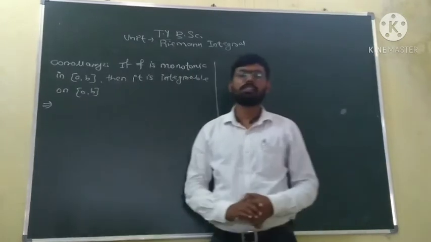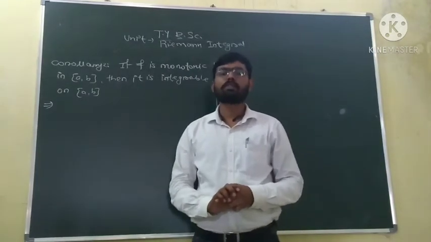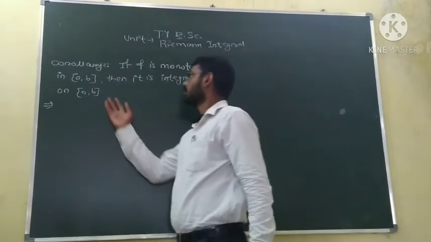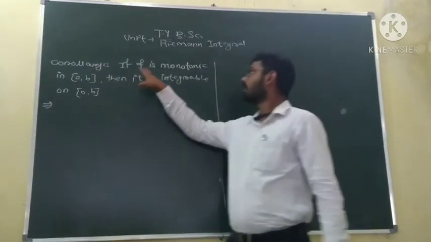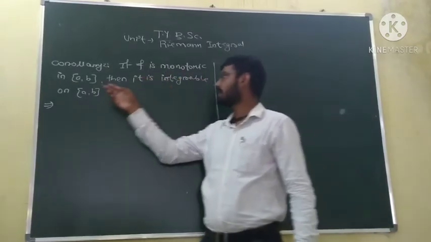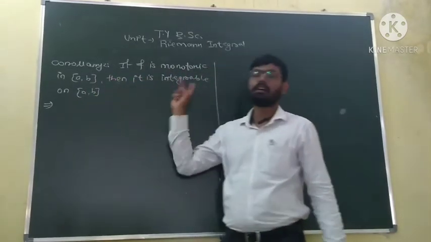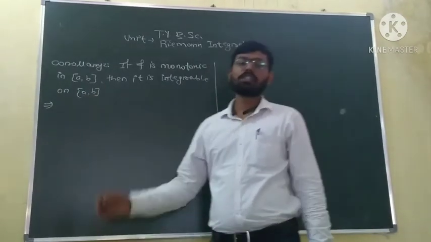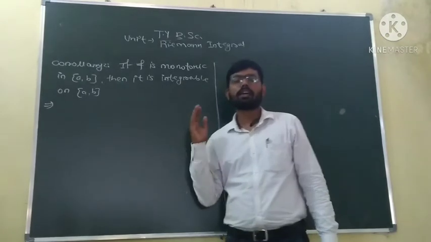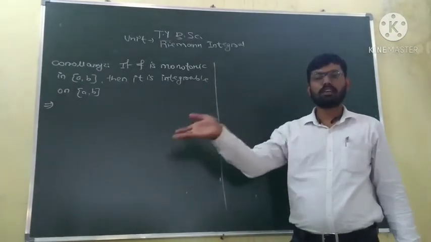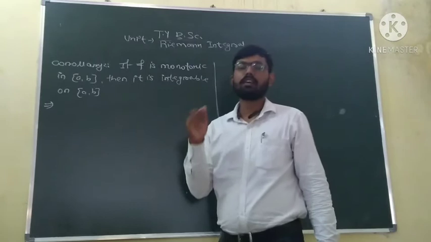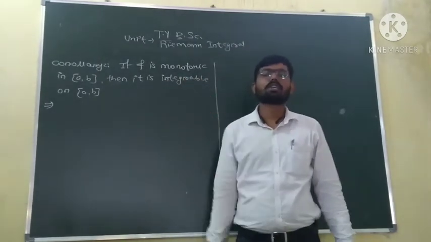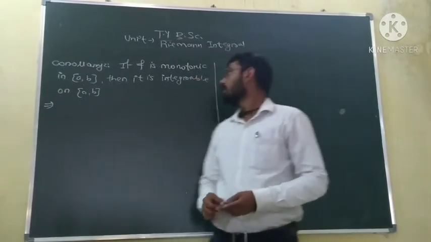Now we will see a second corollary based on these two integrability conditions. The second corollary is: if a function is monotonic on the closed bounded interval [a, b], then it is also integrable on that interval. So the first corollary was that every continuous function on a closed bounded interval is Riemann integrable, and the second is that every monotonic function is Riemann integrable on that closed bounded interval [a, b].